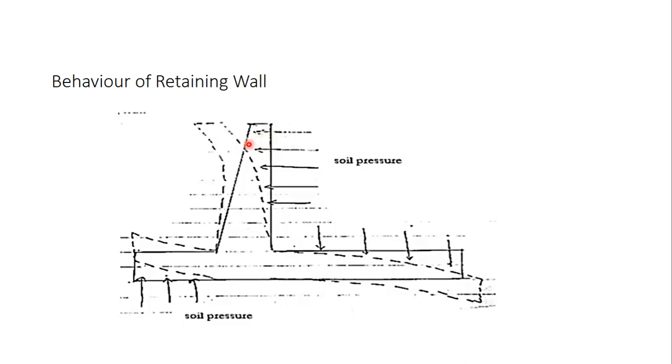So the wall will assume this kind of shape, the shape denoted by dotted lines. So this is the shape due to active earth pressure. Now I have also told you that the backfill soil will exert a downward pressure, because of which the heel slab will now tend to deflect downwards, right? So you can see it has deflected downwards.